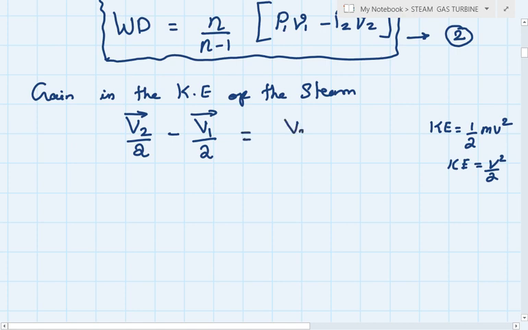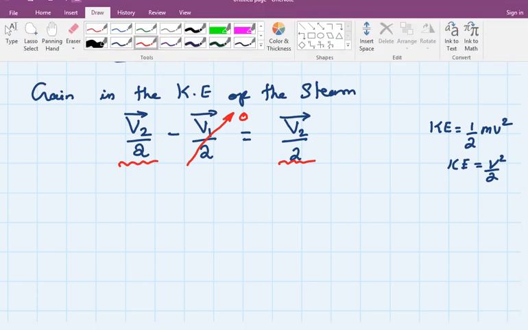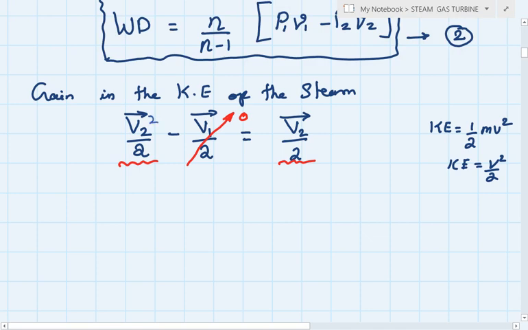Why I have written it like this: as we know, we are going to neglect the inlet velocity, so the V1 square by 2 term drops out. So the kinetic energy gained in the steam when it is flowing through the nozzle is V2 square by 2.